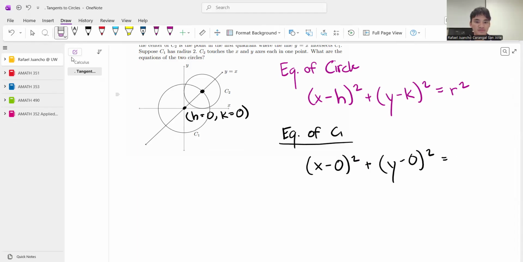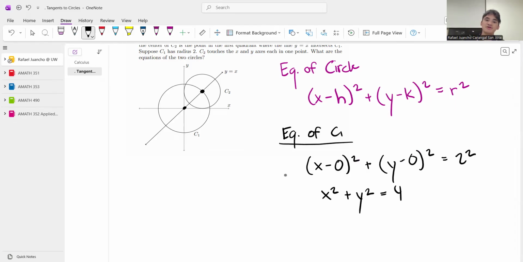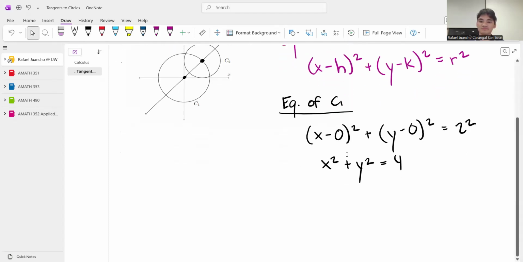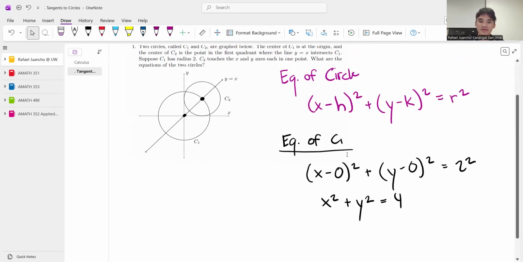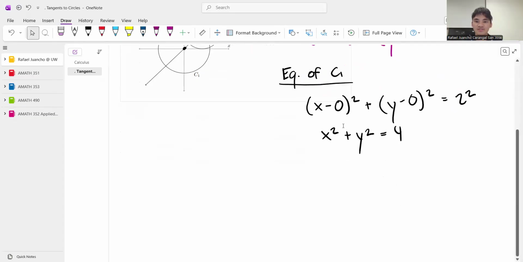What's r? r is the radius, so that would be 2 squared, which is 4. I'll write it like this. We can actually simplify it into something like this: x squared plus y squared equals 4. So that's the equation of the circle C1. Done. Now let's find the equation of C2.